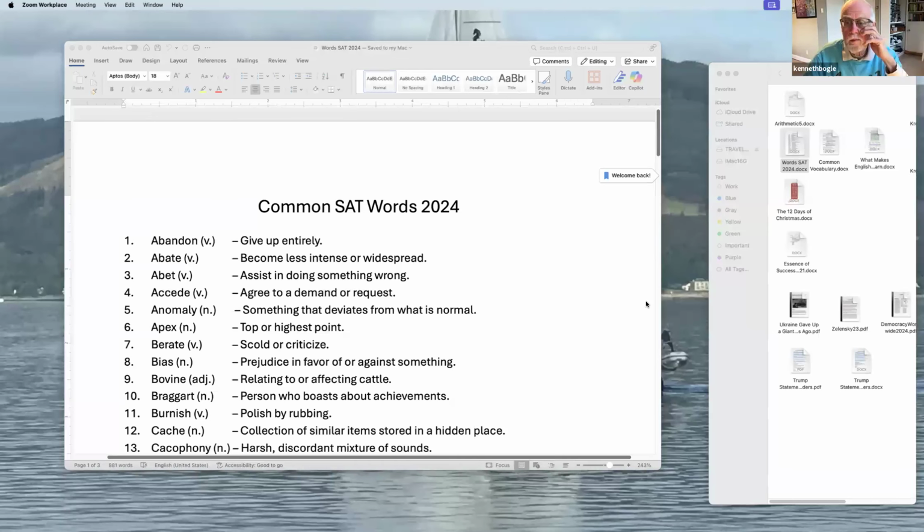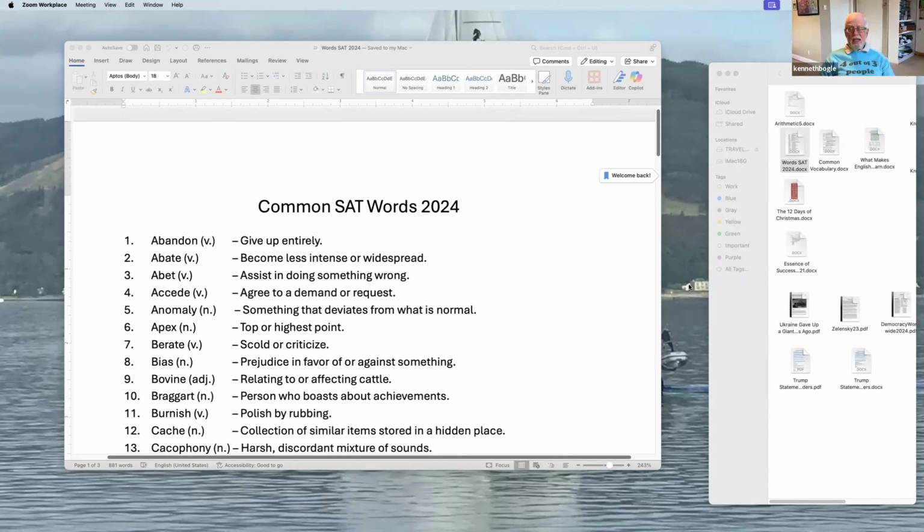Let's kind of start with this. Up on the screen right now is a list of words that are commonly found in the SATs.